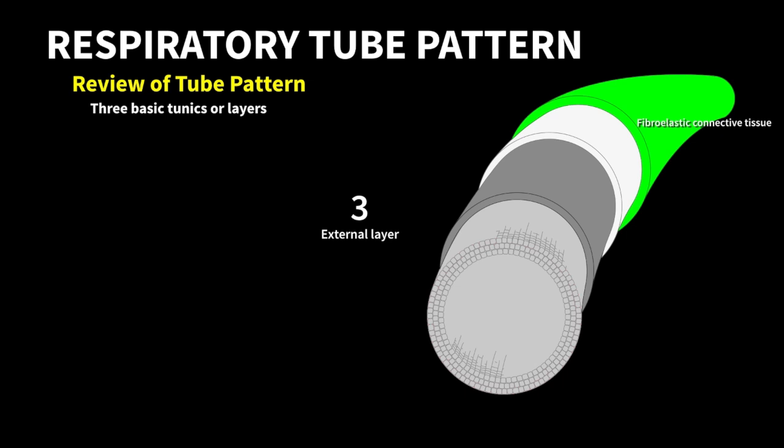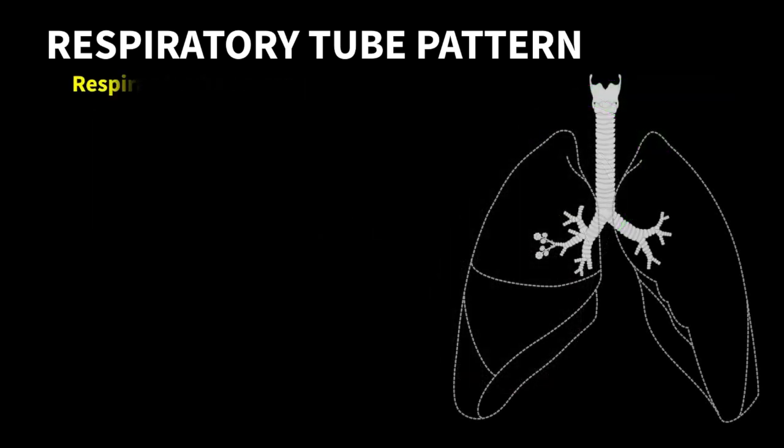All tubes in the body follow this basic pattern, which we will now apply to the anatomy of the respiratory passageways. Let's begin with an overview of the tubes of the respiratory system proper.